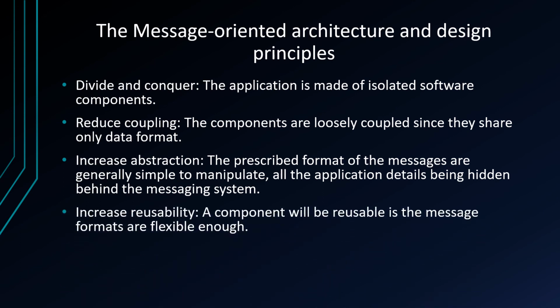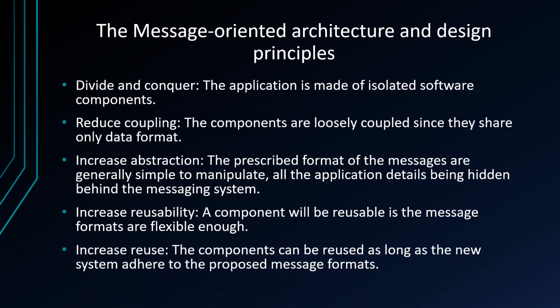Increased reusability: a component will be reusable if the message formats are flexible enough. Increased reuse: the components can be reused as long as the new system adheres to the proposed message formats.